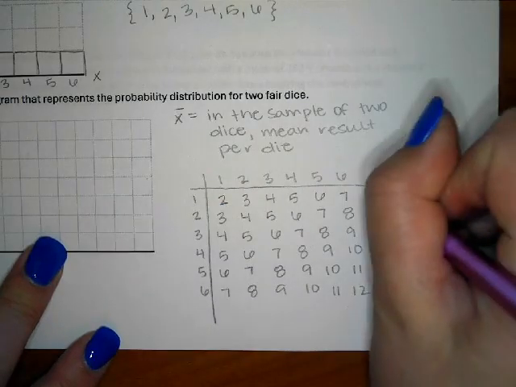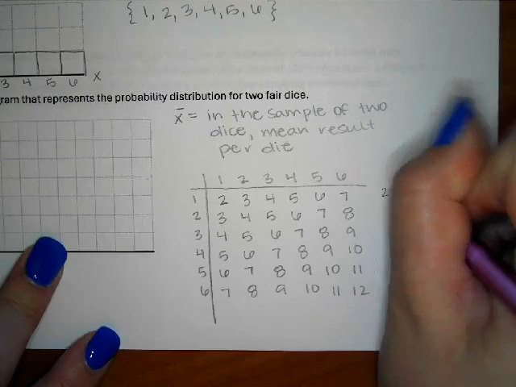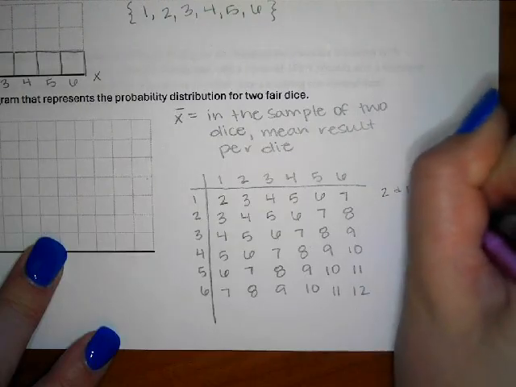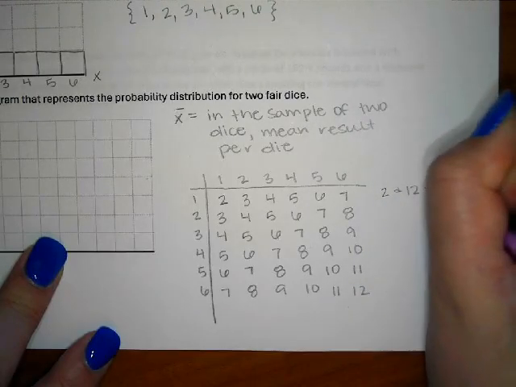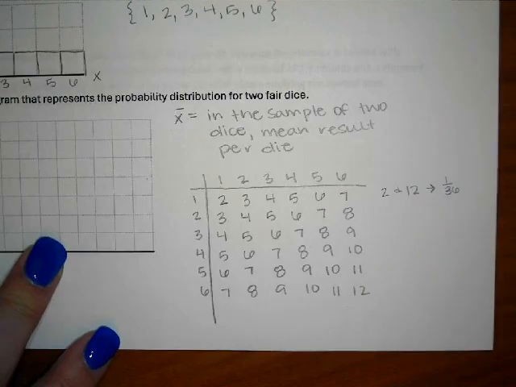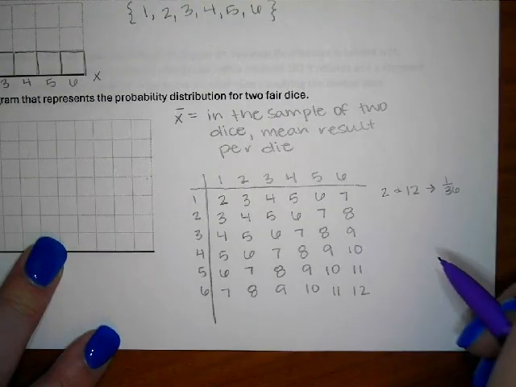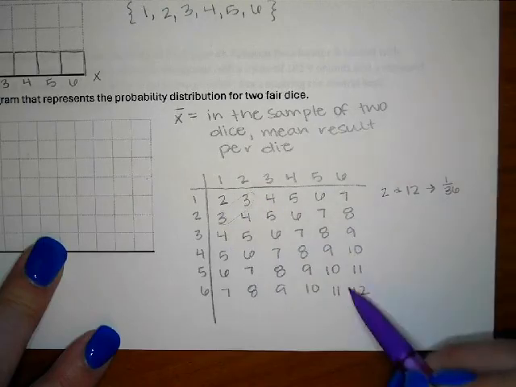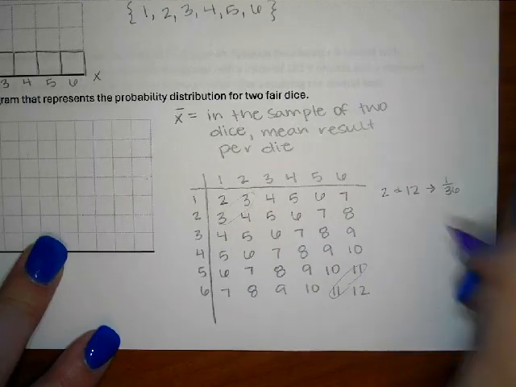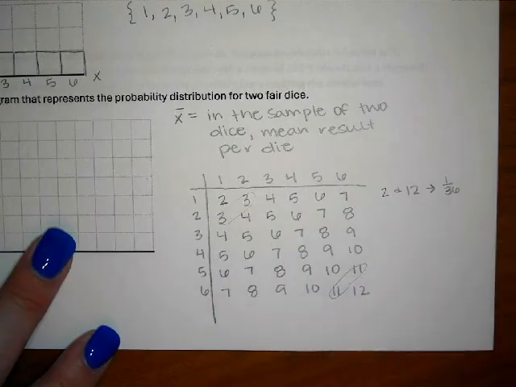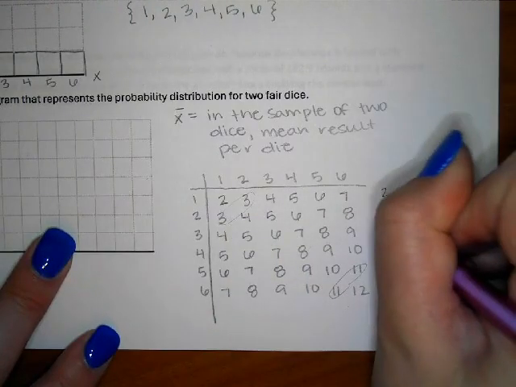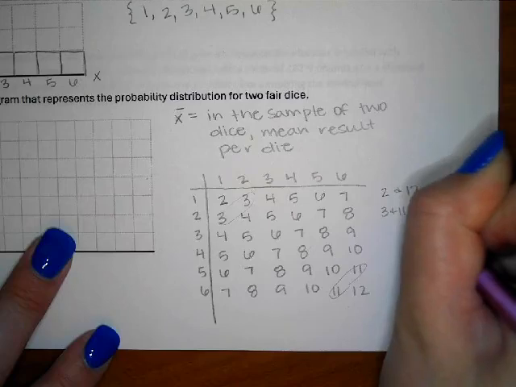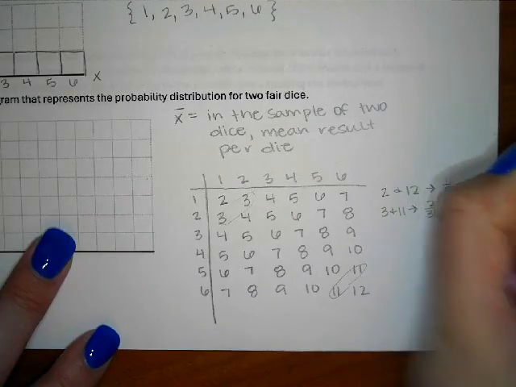So for 2 and 12, I have a probability of 1/36. For the 3s and the 11s, there are 2 ways I could get each of those. So 3 and 11 is 2 out of 36.